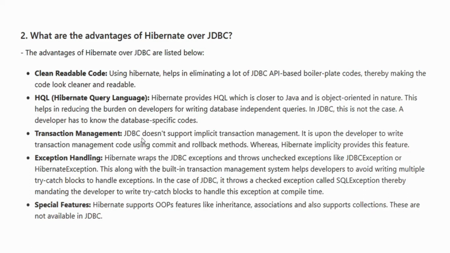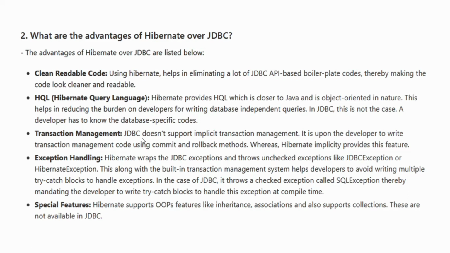Next one, exception handling. Hibernate wraps the JDBC exceptions and throws unchecked exceptions like JDBCException and HibernateException. This, along with the built-in transaction management system, helps developers avoid multiple try-catch blocks to handle the exceptions.